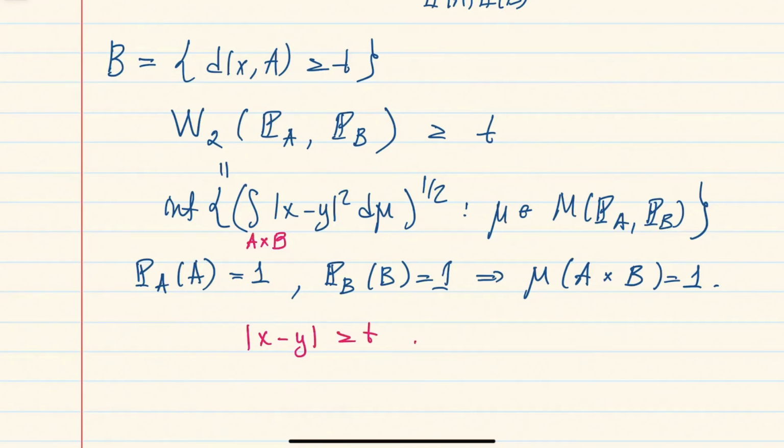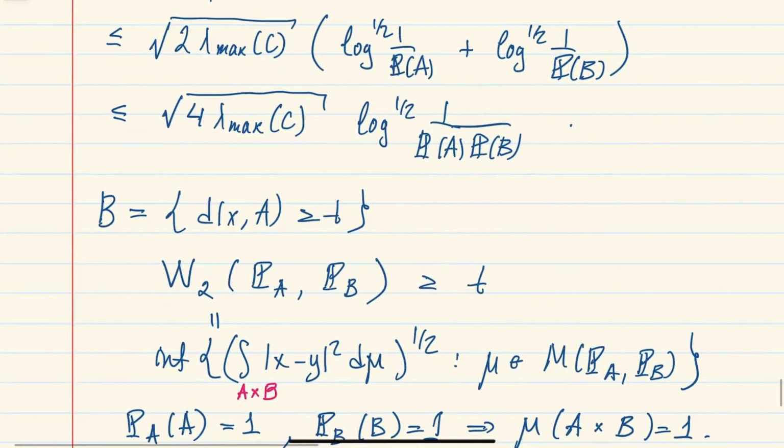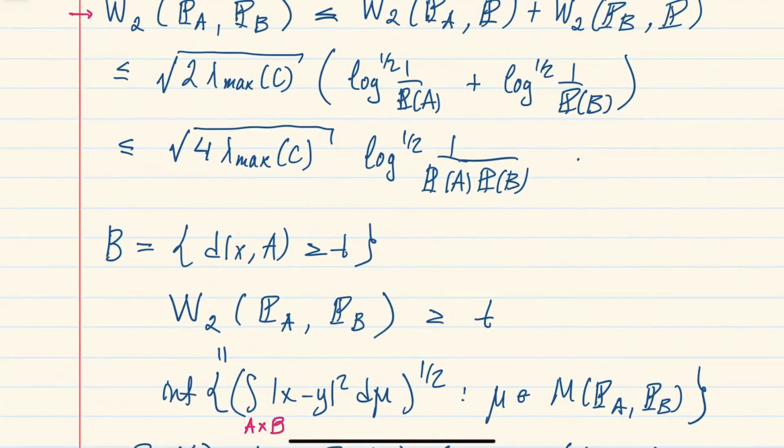Okay, so we see that the Wasserstein distance here is greater or equal than t. And so if we go back, what did we show? We showed that t is less than or equal to this square root on the right hand side, and then we solve this inequality for the probability of B.